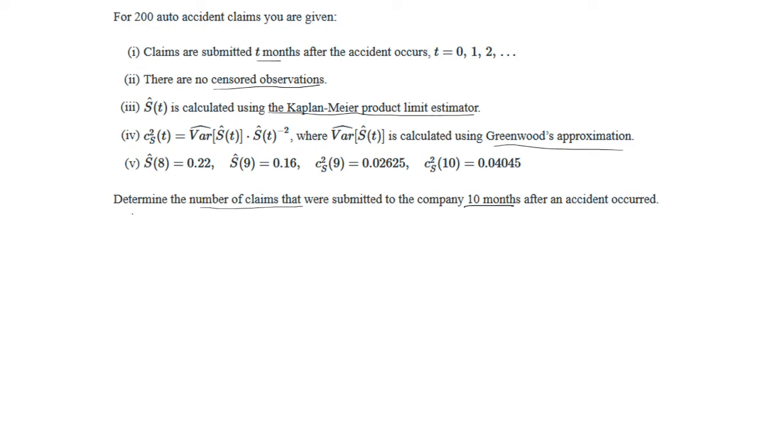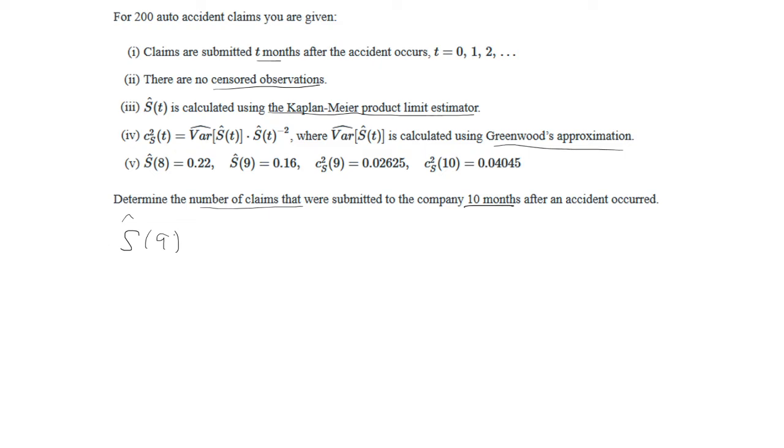Because there is no censoring or truncation in the study, we can use the empirical survival probability. So basically the Kaplan-Meier estimate is identical to the empirical probability. So S of 9 here means the probability people survive past 9.